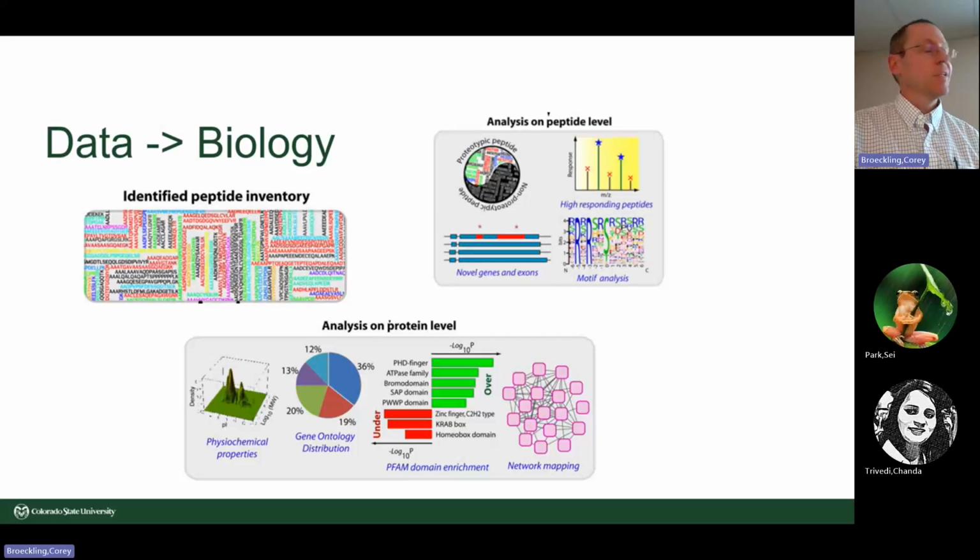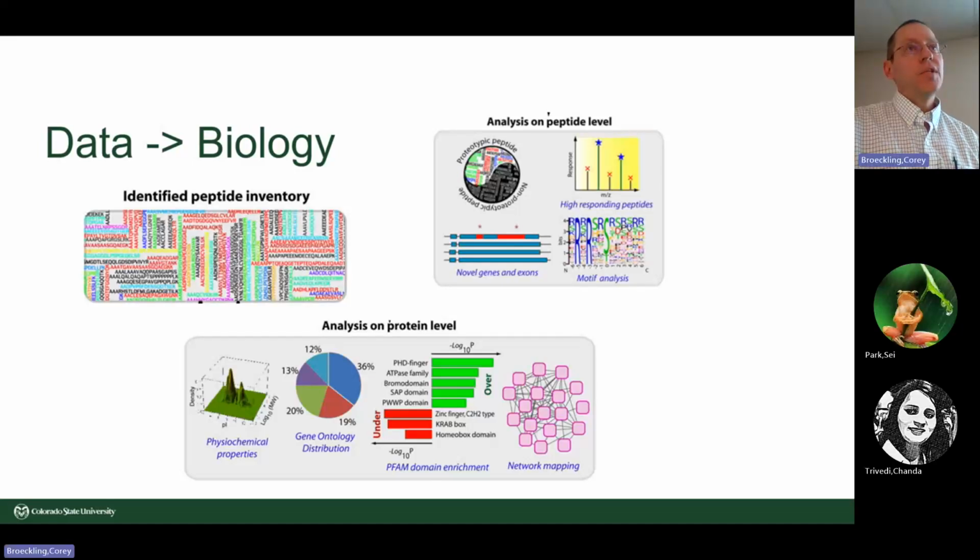You can also be doing analysis on the protein level. You can be looking at things like physicochemical properties. So are we just detecting soluble proteins, or do we get a bunch of membrane proteins too? Is it more acidic proteins on average? That might give you some insight into the biology, depending on the type of study that you're doing.